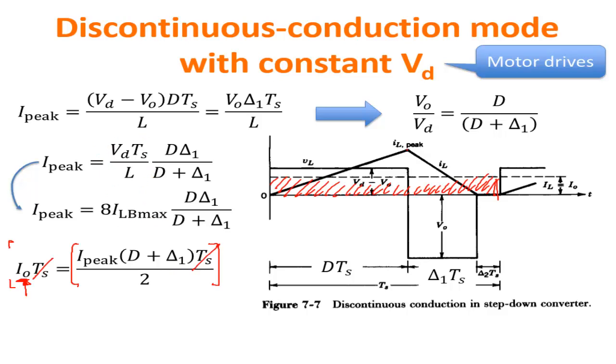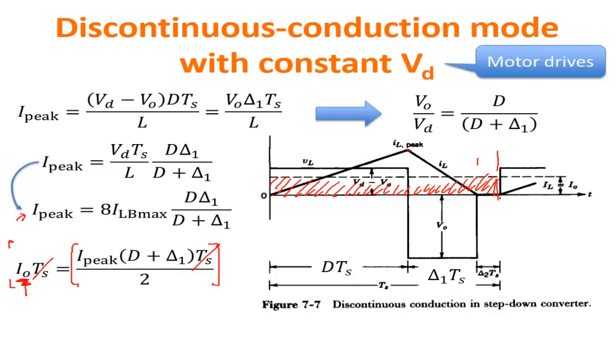Now, from here, we want to compute the average output current, and in order to do that, we do the same calculation. The average current is the integral of the current over the switching period, divided by the switching period.